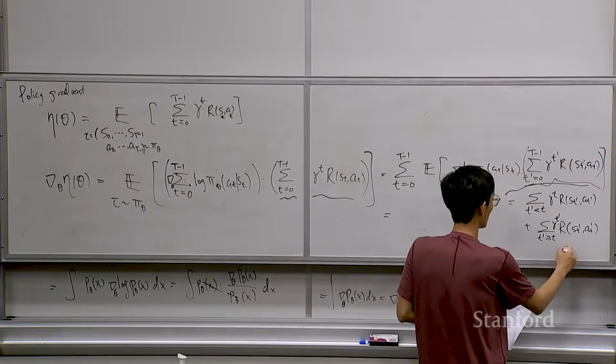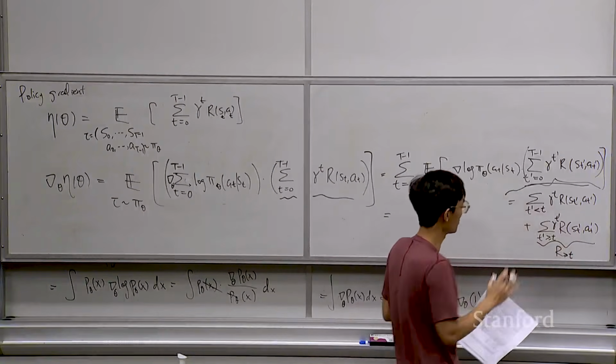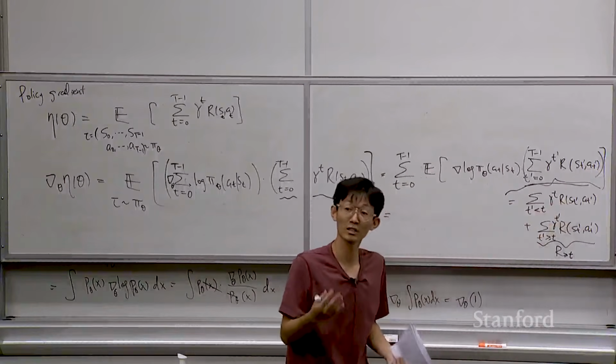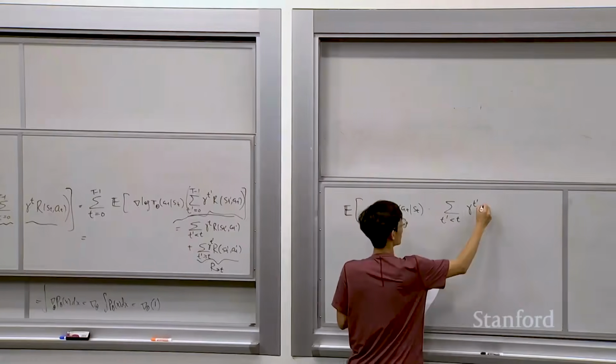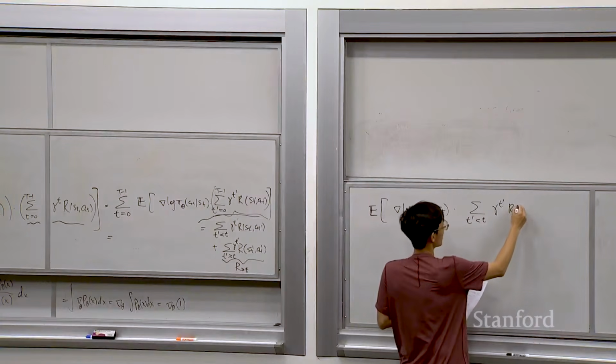Let's give a notation and call this r larger than t, just as a simplification. What I'm going to deal with is the part that is smaller than t, and I'm going to claim that it's 0. So the claim is that the expectation of the gradient of the log likelihood times the part that is smaller than t is 0.